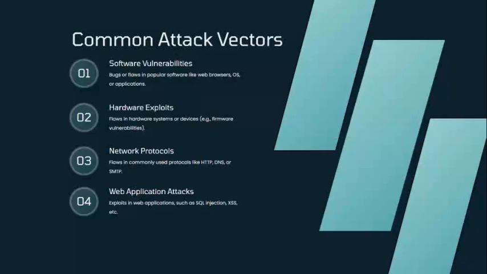I'll start with the software vulnerabilities like bugs in web browsers, operating systems, or applications, hardware exploits like flaws in device firmware, network protocol flaws that impact services like HTTP, DNS, or even SMTP. And then finally, the web application attacks like SQL injection, which can also have 0 day impacts.